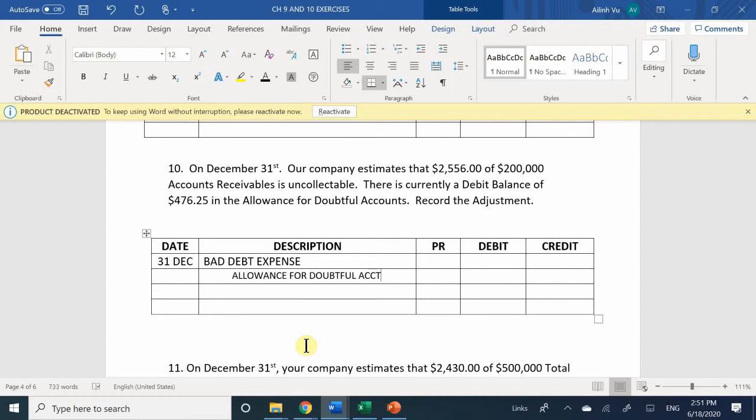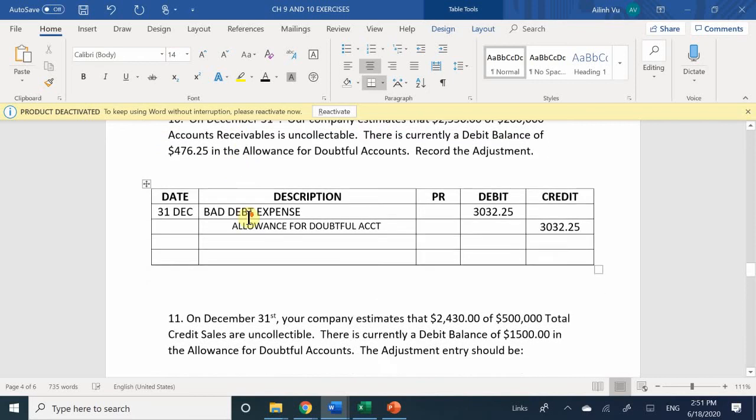So instead of subtracting the $476.25, we're going to add it. So it's 3,032.25. 3,032.25 is correct. I figured you might ask me about how the math was, so I wrote it on top. Okay. So good.